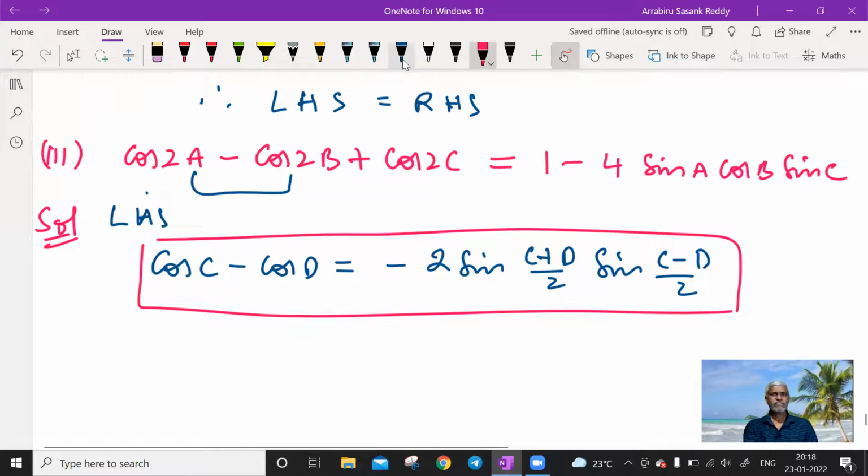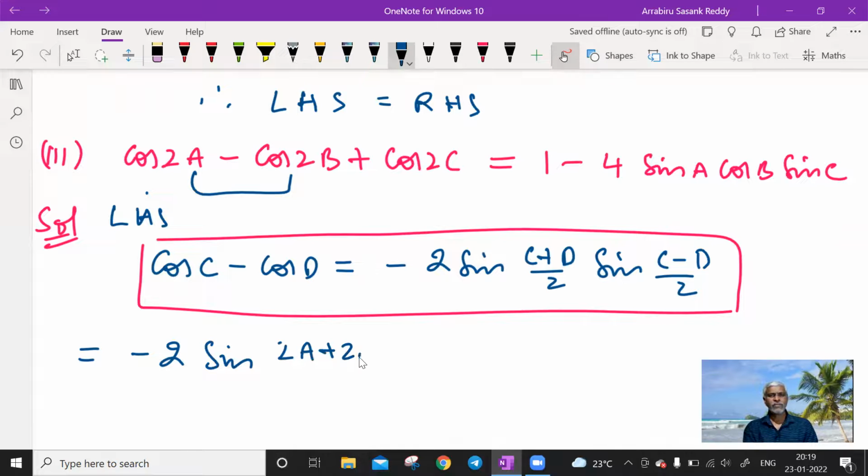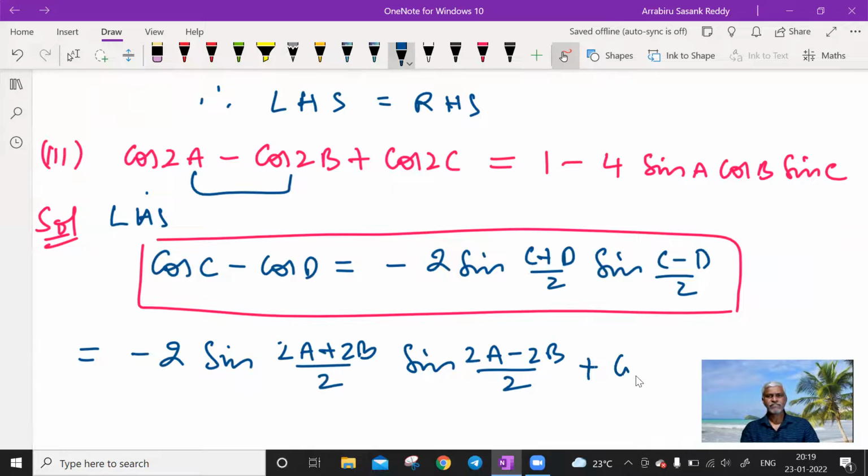So now, minus 2 sin (2A plus 2B)/2 sin (2A minus 2B)/2. Next, the third term plus cos 2C as it is.